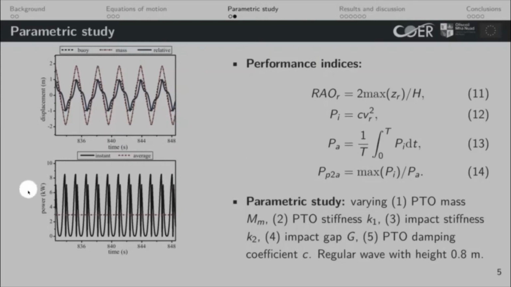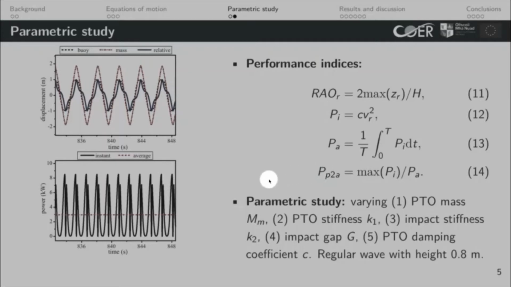As we can see from this figure, the peak value is much larger than the average value. Hence, it is very important to define the peak to average power ratio. In practice, a large peak to average power ratio always means a huge cost on the PTO system.